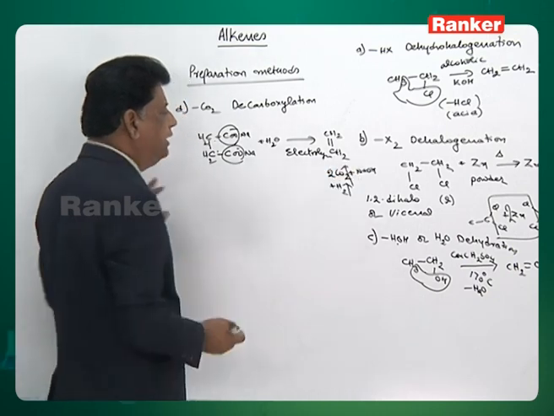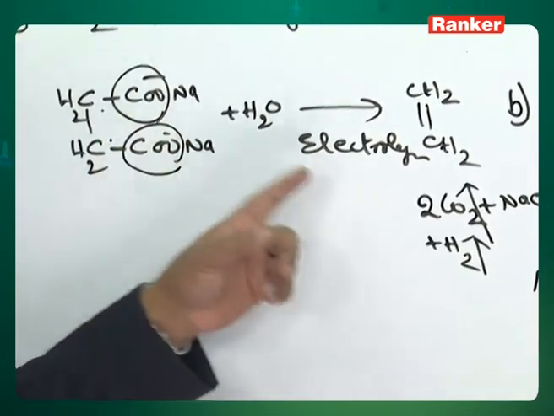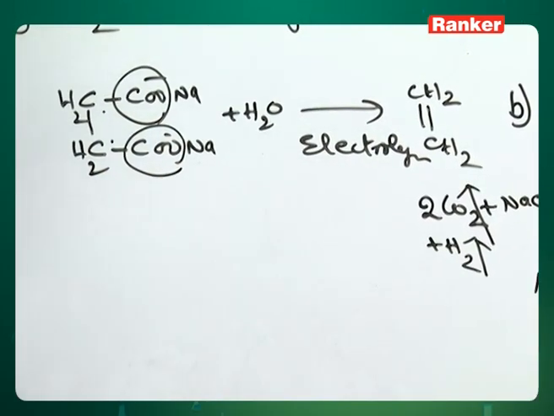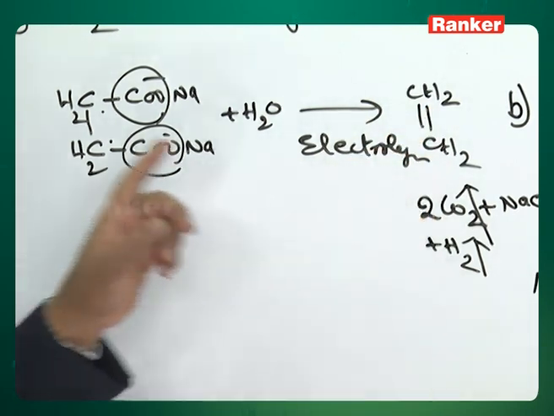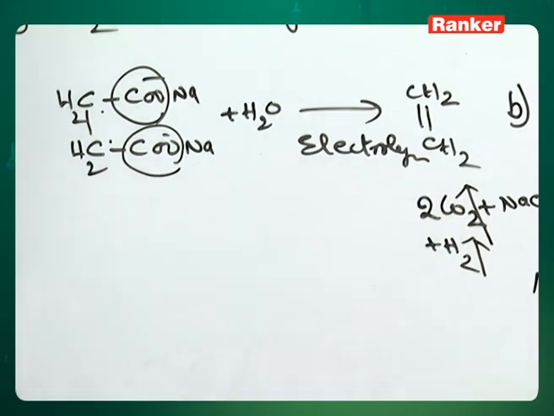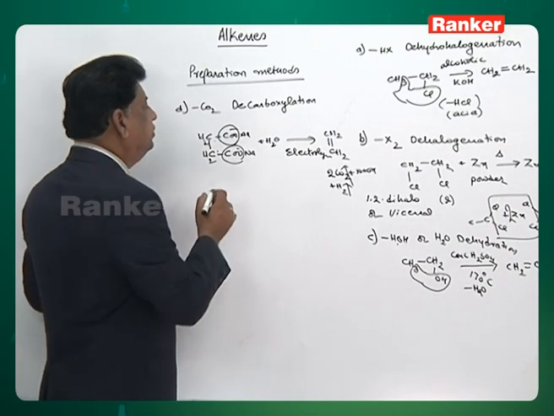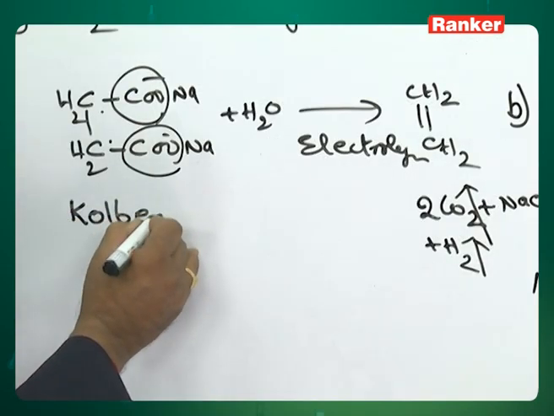So the alkene and the CO2 are released at the anode. In the electrolysis, we use metal rods as anode and cathode. So alkene and CO2 are released at the anode; sodium hydroxide and hydrogen are released at the cathode. This is an extension of what we used in alkanes, the Kolbe electrolysis.